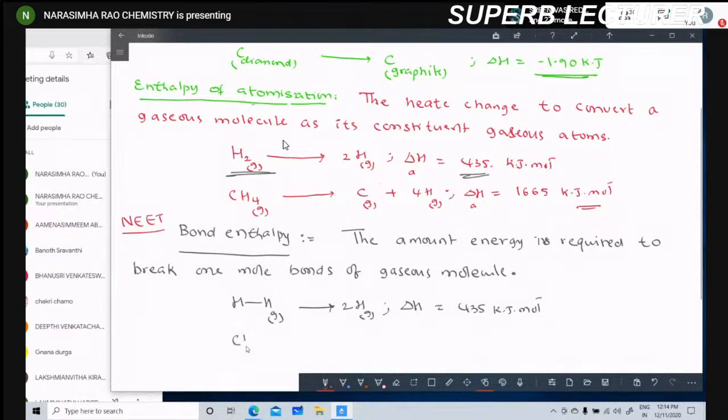In case of chlorine, Cl2, to break this bond and convert it into 2 gaseous chlorine atoms, the bond energy is 242 kilojoule per mole. Now observe, children.